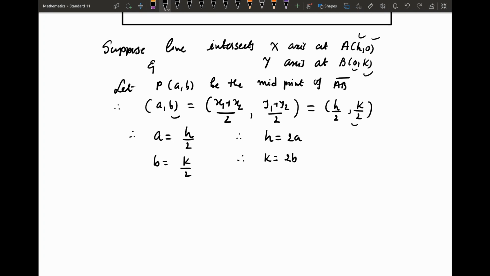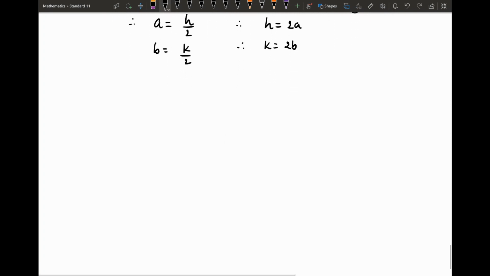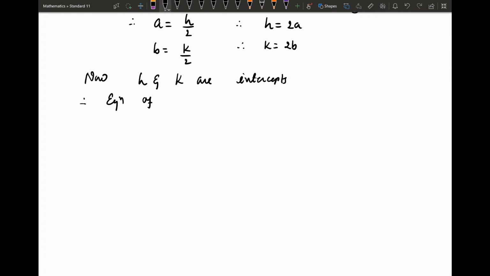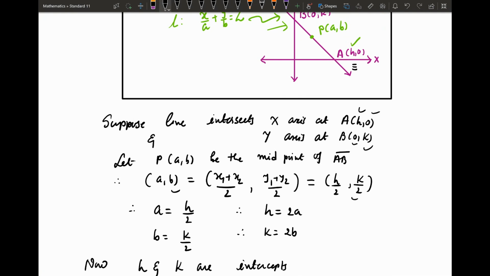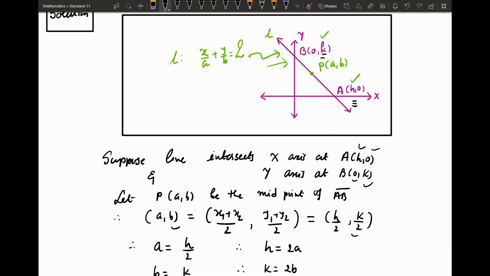Now h and k are intercepts, therefore the equation of line AB: this is our x intercept, this is our y intercept.